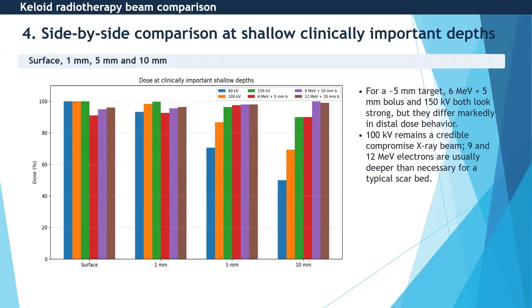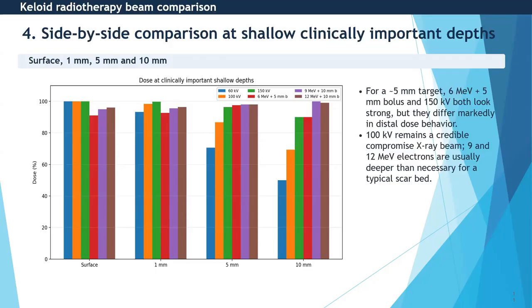So all of the X-ray beams are 100% at the surface. One can see them beginning to fall off at 1 millimeter deep, even with the 60 kV, and then continuing along, at 5 millimeters deep, we can see that the 60 kV has fallen down to 70%.